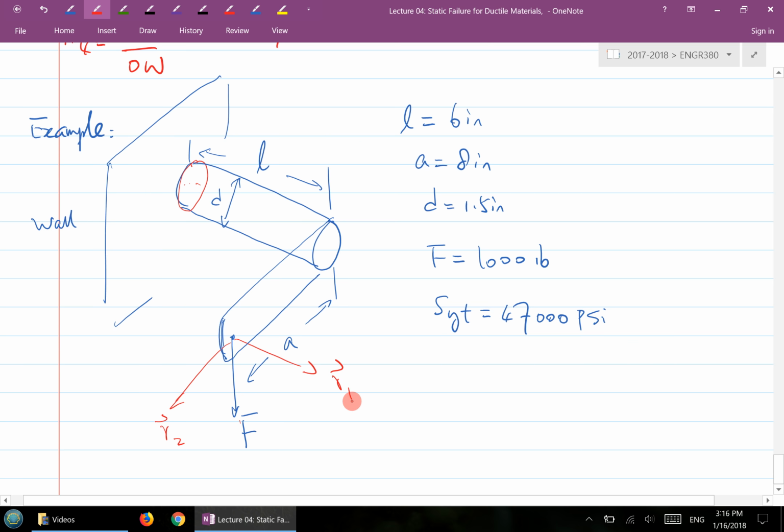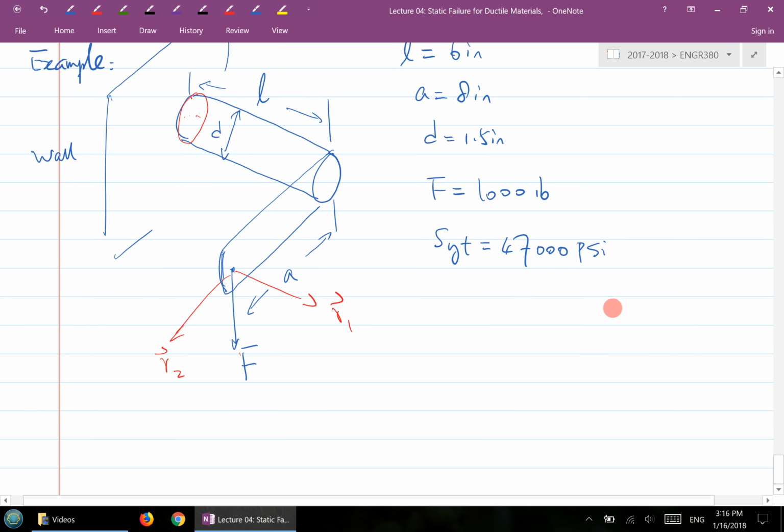So which one will try to cause this rod to rotate about its center axis? R2, right?